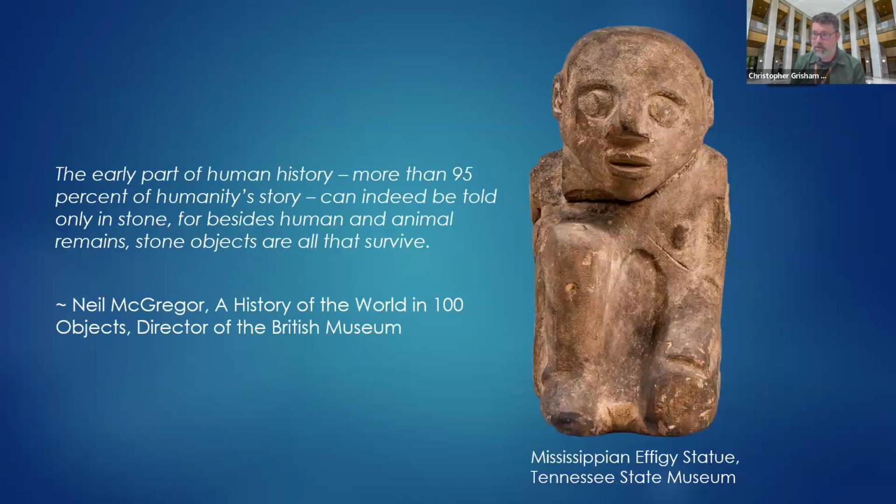And to that point, also, anything older than written text, just period, in human history. In the early part of human history, more than 95% of humanity's story can only be told in stone or bone or these things that have survived over time. Anything prior to written human history, which is a lot of human history, is going to have to be told through 3D objects.